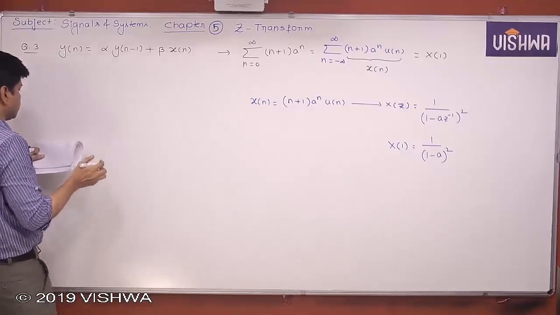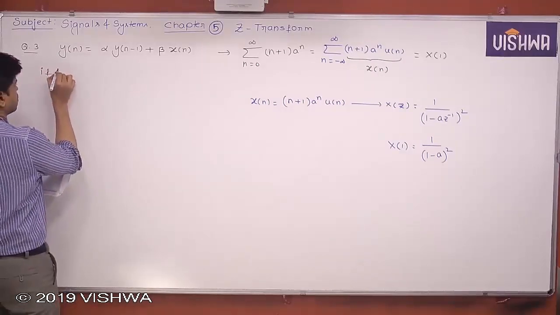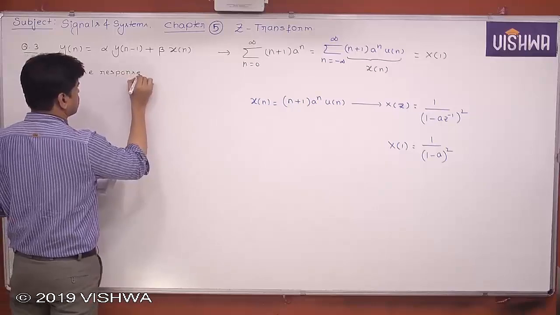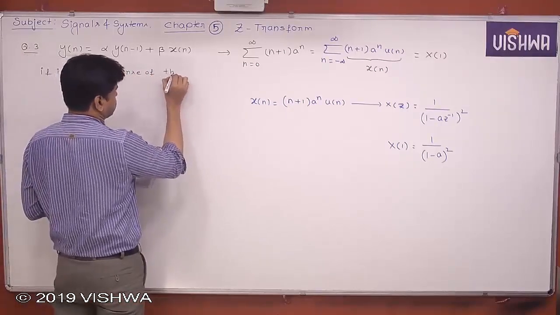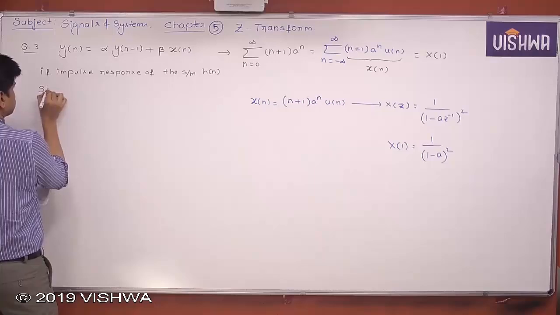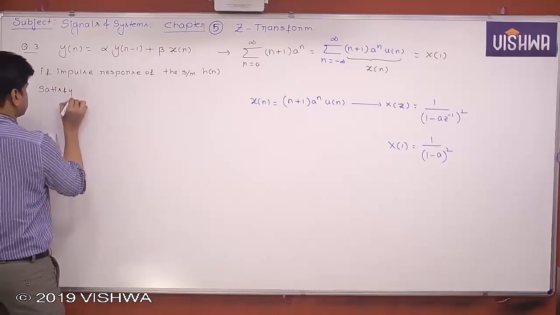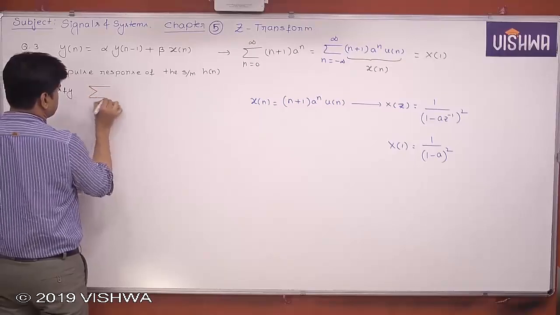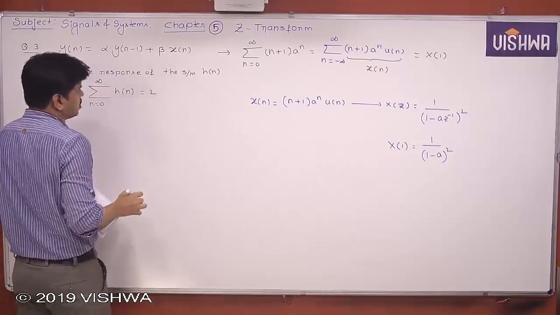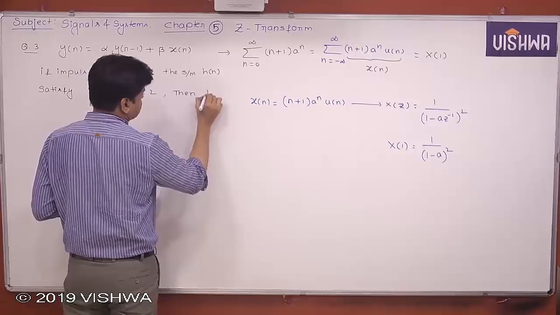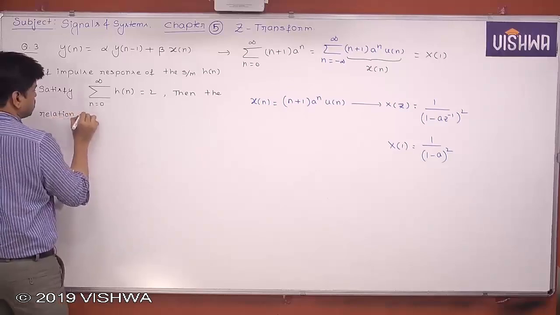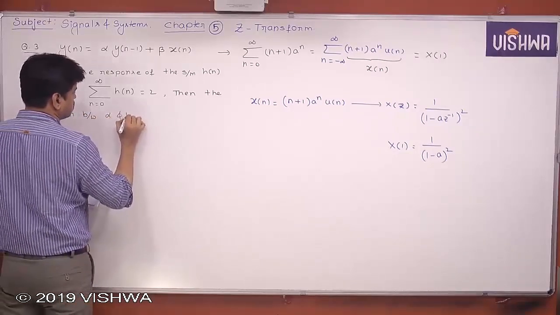If the impulse response of the system h of n satisfies summation n is equal to 0 to infinity h of n is equal to 2, then the relation between alpha and beta is?